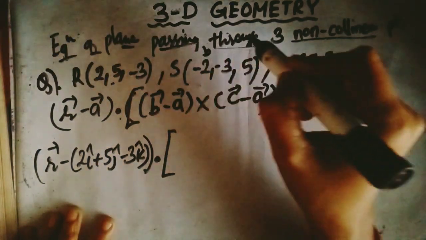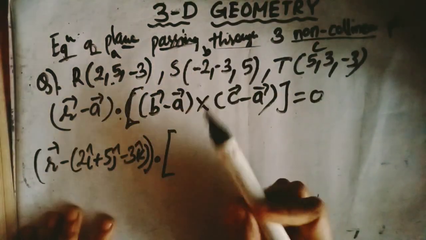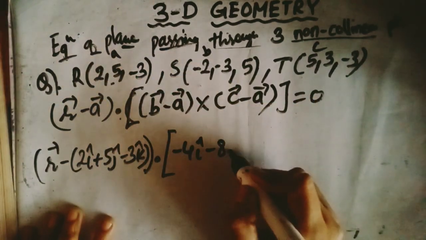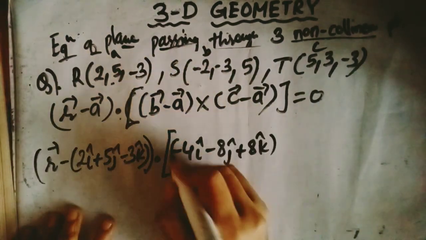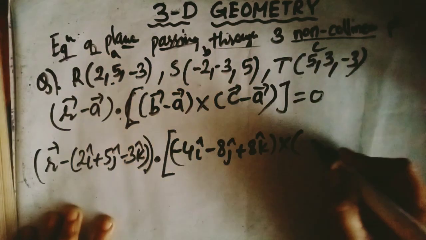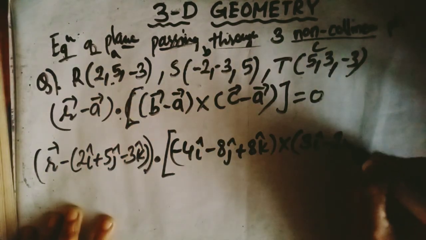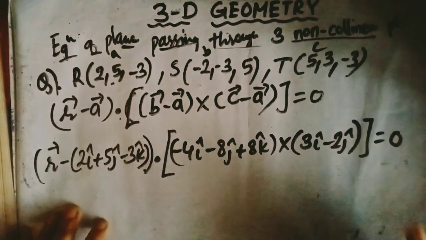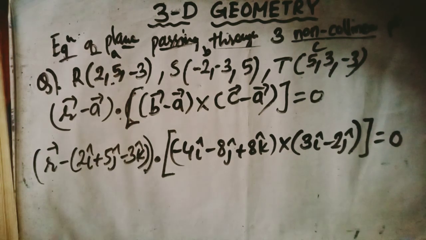So this is B, this is A and this is C. So b - a: -2 - 2 = -4i, -3 - 5 = -8j, 5 + 3 = 8k, cross (c - a): 5 - 2 = 3i, 3 - 5 = -2j, -3 + 3 = 0. So this is the vector form of the equation.